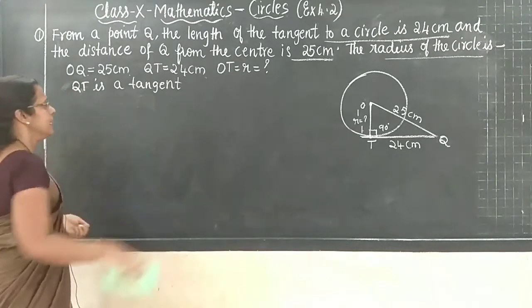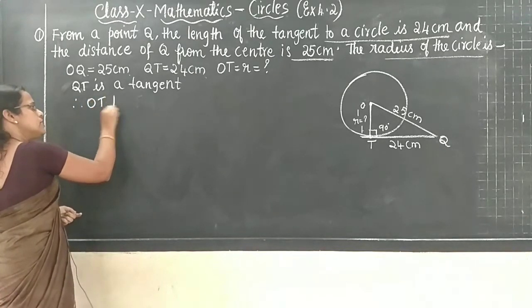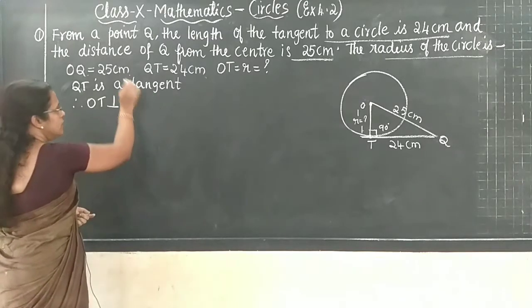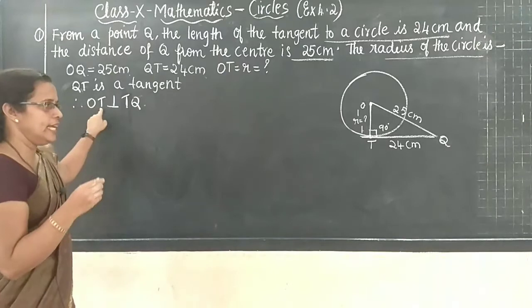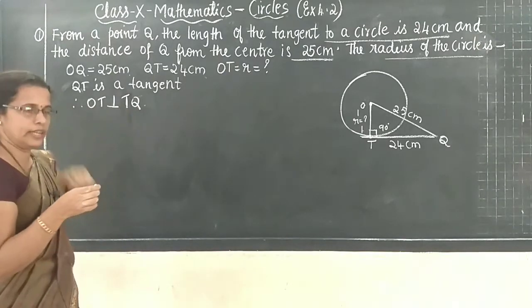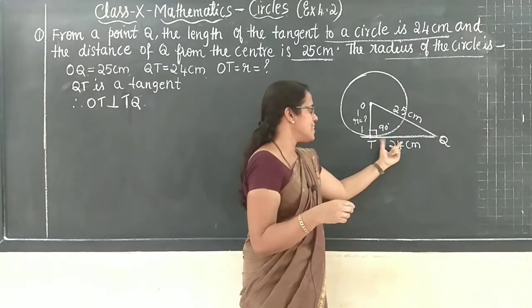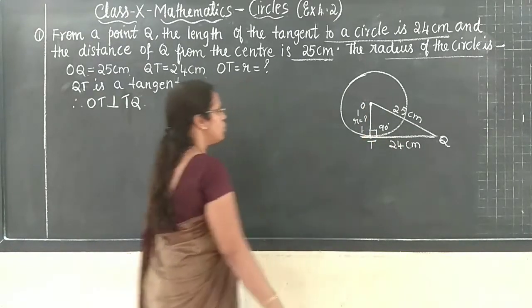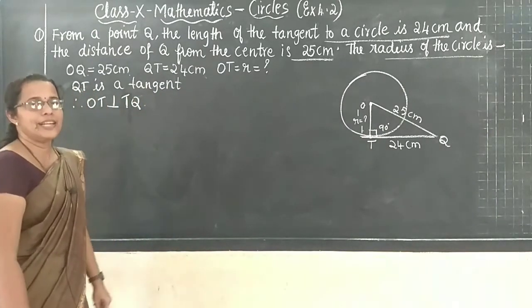Therefore OT is perpendicular to TQ because TQ acts as a tangent here. Radius drawn at the point of contact is perpendicular. So because of perpendicular, this triangle is a right angle triangle.